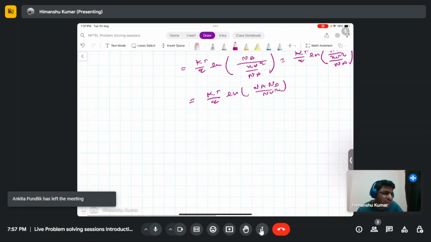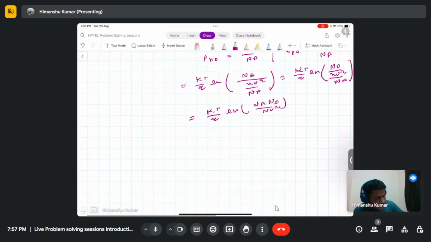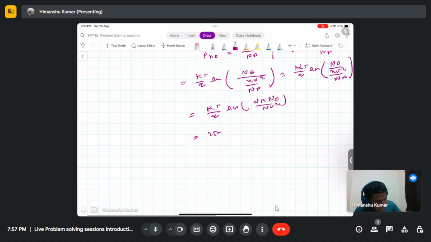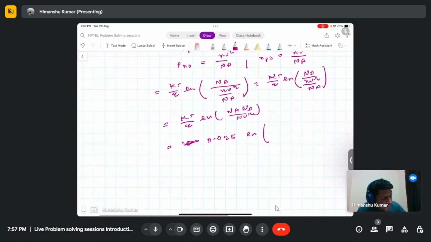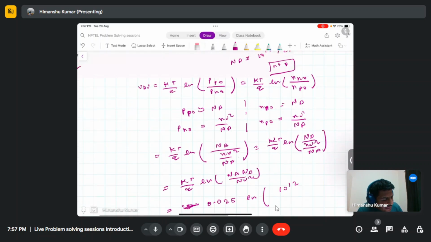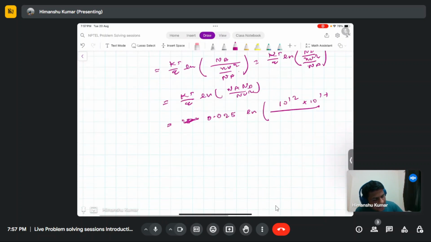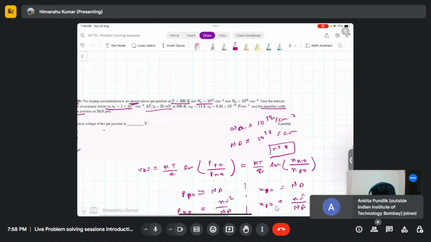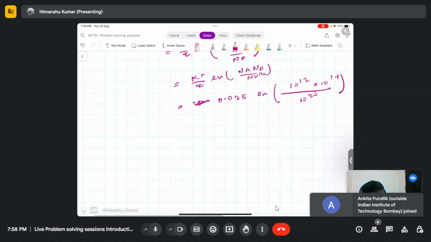If you plug in the values, Kt by Q is 25 milli-electron volt, or 0.025, times ln of Na Nd by Ni square. Na is 10 power 12 and Nd is 10 power 16, and Ni is 10 to the power 10, so Ni square is 10 to the power 20.